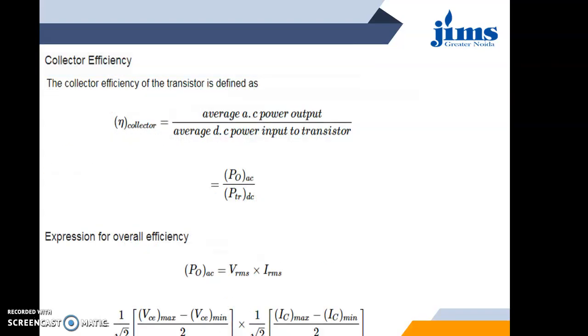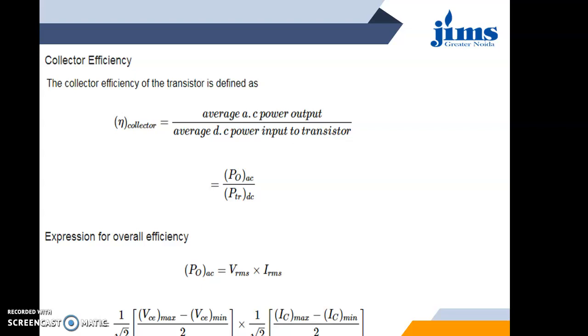This is the average AC power at the output upon the average DC power at the input of the transistor. AC power is represented by RMS voltage and RMS current, so it is Vrms into Irms, and RMS is Vmax upon root 2, Vm by root 2, where Vm is nothing but V peak to peak by 2.